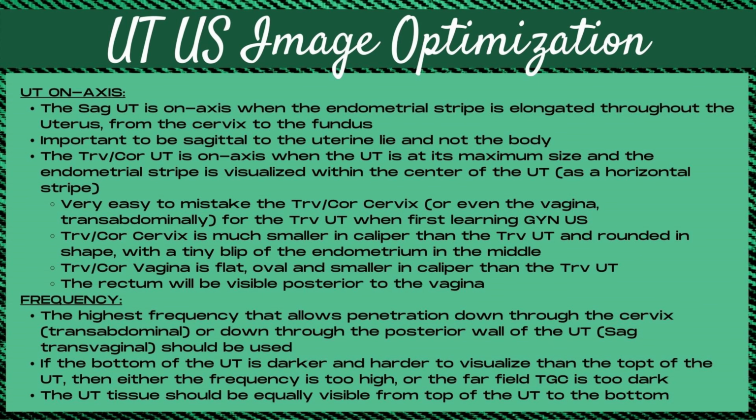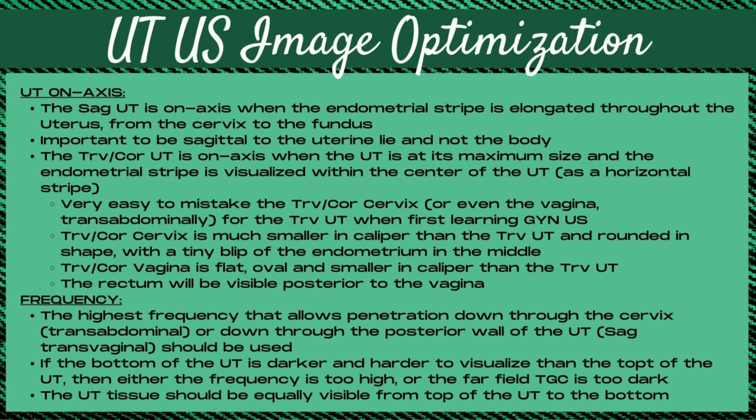When optimizing the frequency, the highest frequency that allows penetration down through the cervix on a transabdominal ultrasound or down through the posterior wall of the uterus for a transvaginal ultrasound should be used. If the bottom of the uterus is darker and harder to visualize than the top of the uterus, then either the frequency is too high or the far-field TGC is too dark.